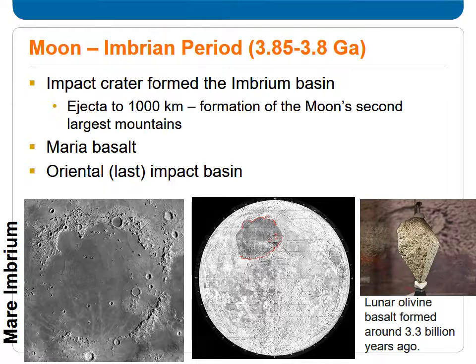The basins filled with basalt mostly during the subsequent late Imbrium epoch. In the lunar geological timescale, the late Imbrium epoch was when the mantle below the lunar basins partially melted and then they filled with basalt.